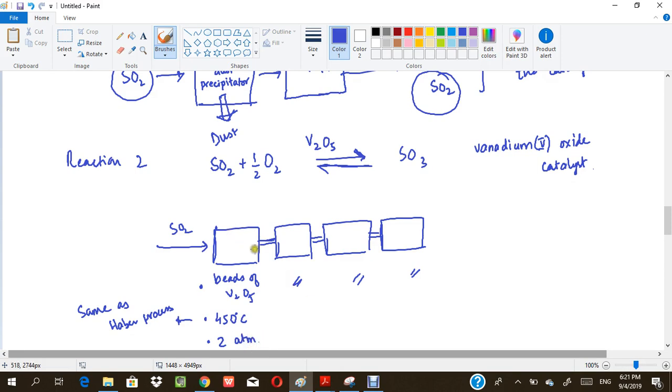So, after passing through all these beds, we get sulfur trioxide. Again, it is not a reaction having 100% yield, so the remainder of the gases is sent back to the converter and the gases are recycled.